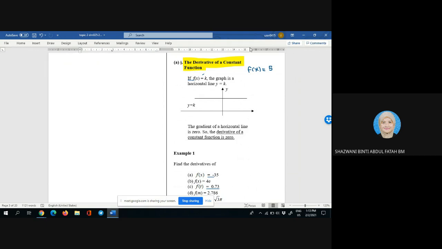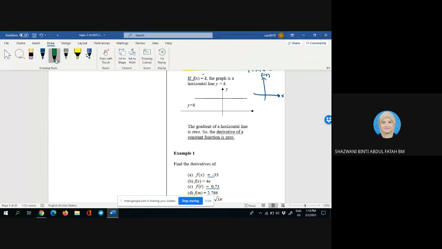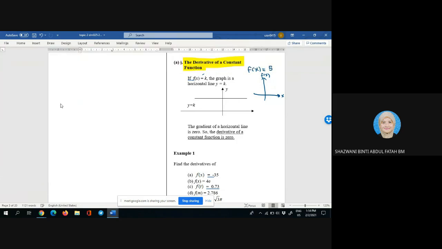For example, I have the function f(x) equals 5. If I want to sketch this graph, here is f(x), here is x, f(x) equals 5. Whatever the value of x, f(x) is always 5. So the graph will be a straight line, where this is equal to 5.